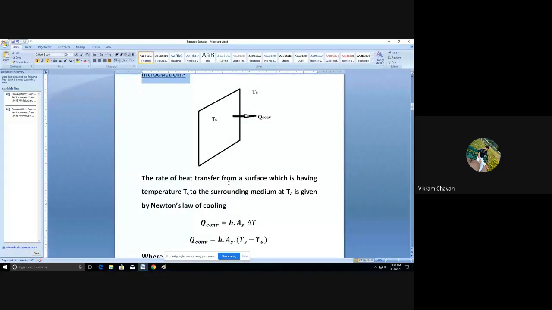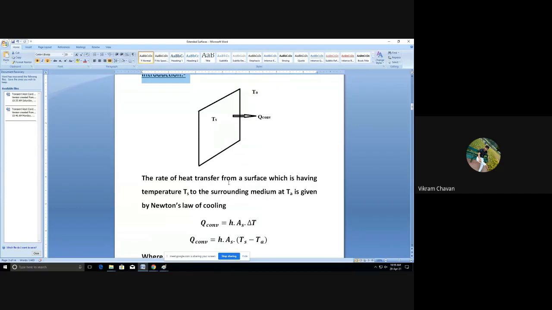The rate of heat transfer from a surface which is having temperature T suffix S to the surrounding medium at T suffix A is given by Newton's law of cooling.